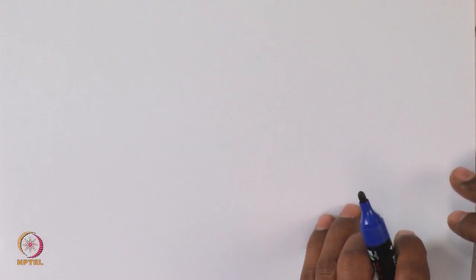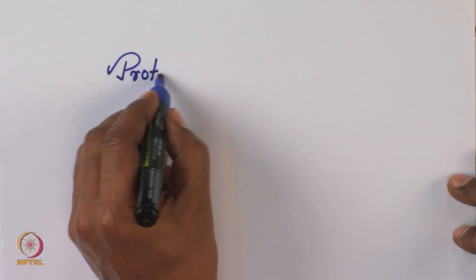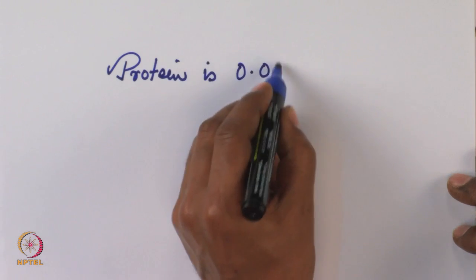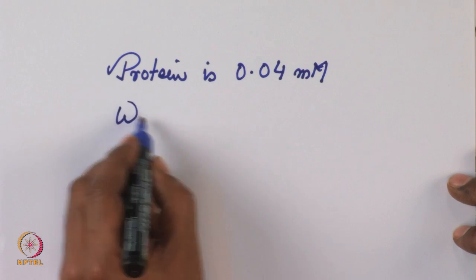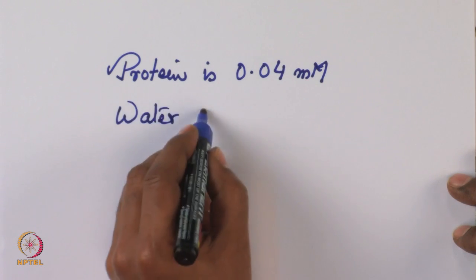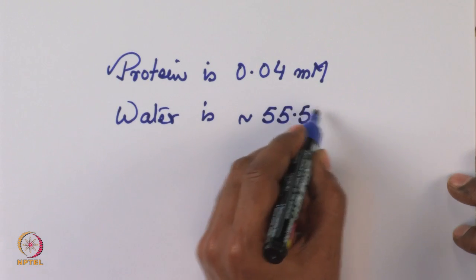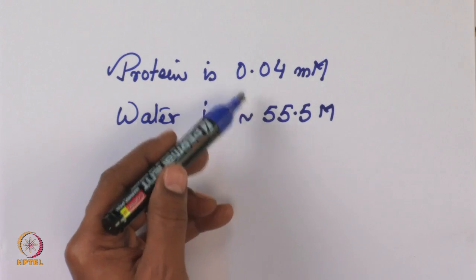And now you compare, in this particular example, if protein is 0.04 millimolar and water is about 55.5 molar, look at the imbalance in the concentrations.